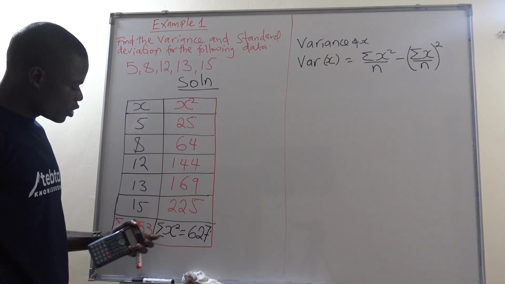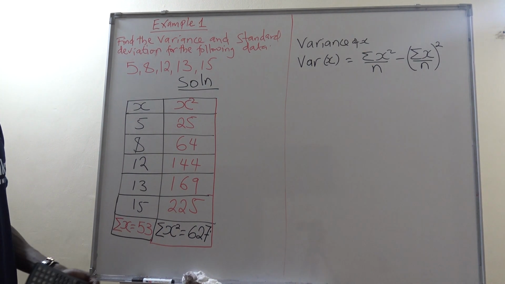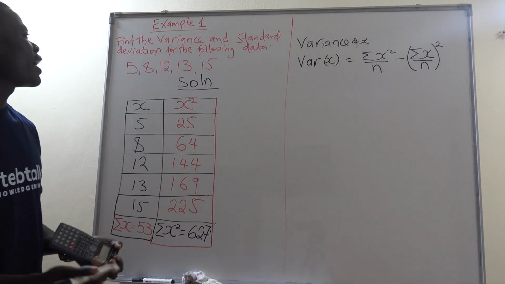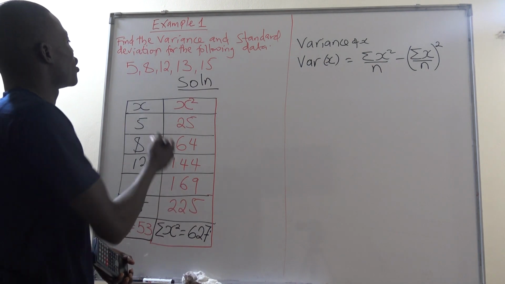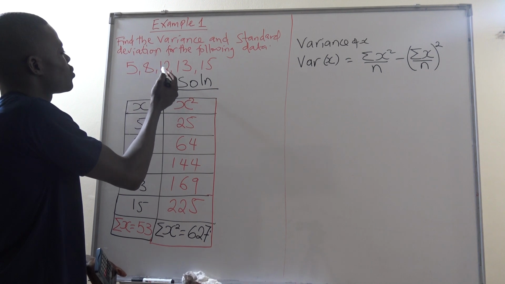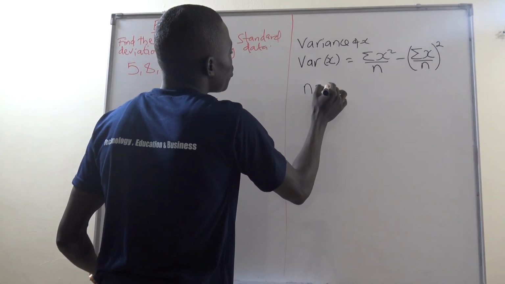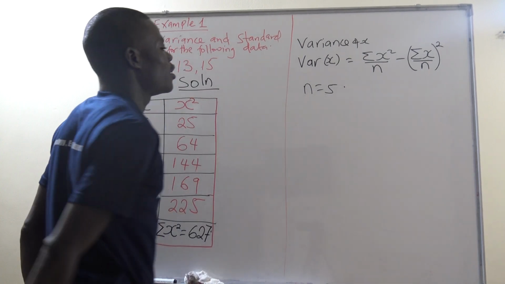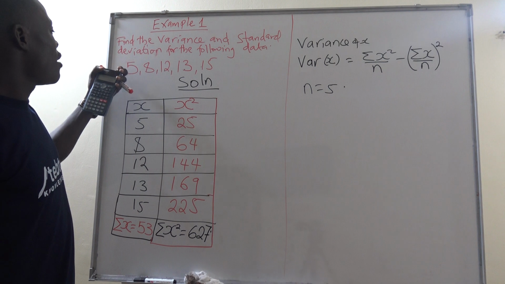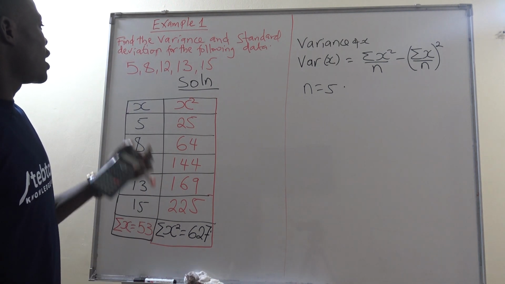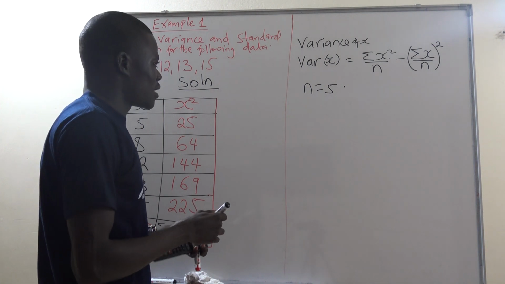Here we have summation of x squared and summation of x. What is missing is n. For n, we just count the number of variables. We have 1, 2, 3, 4, 5, implying our n equals 5. That means we have 5 variables in the data set which they have given us.